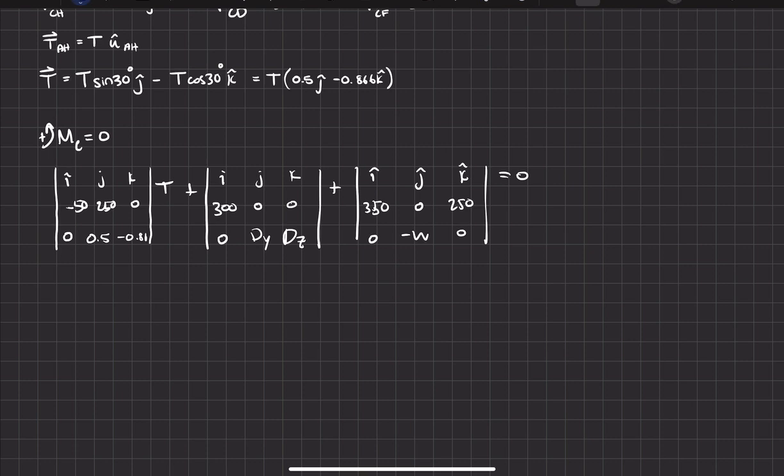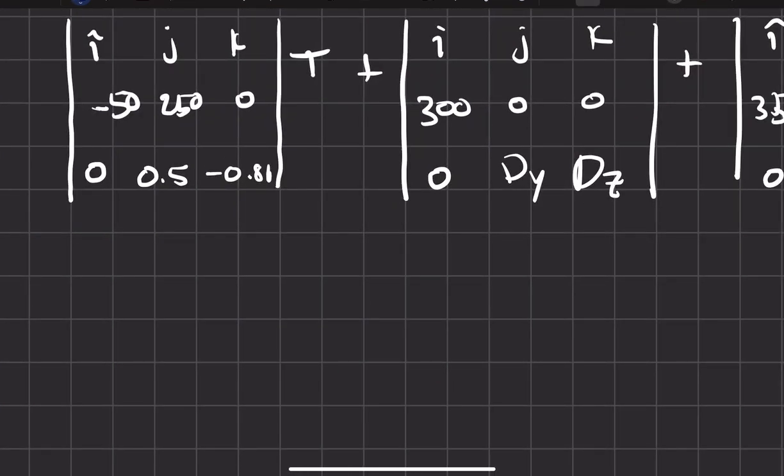Then you can repeat the same process for the j component and then for the k component. Then you'll break up the components into separate equations. The i component equation is negative 216.5T minus 135,000 equals 0.